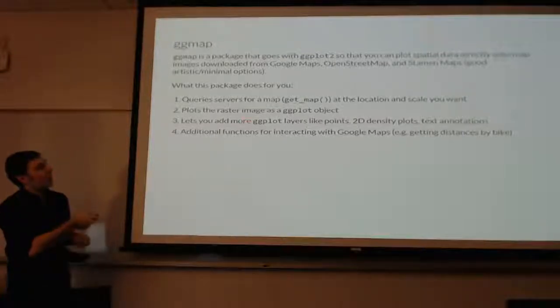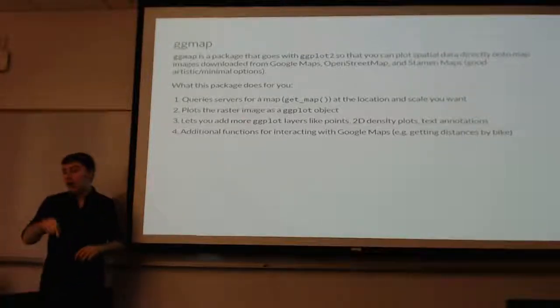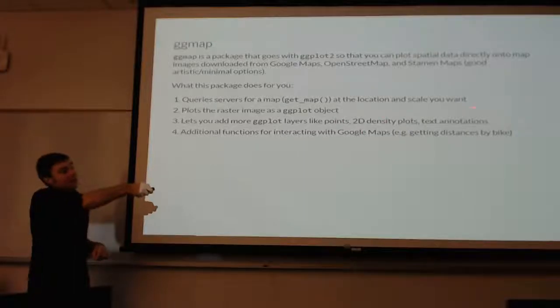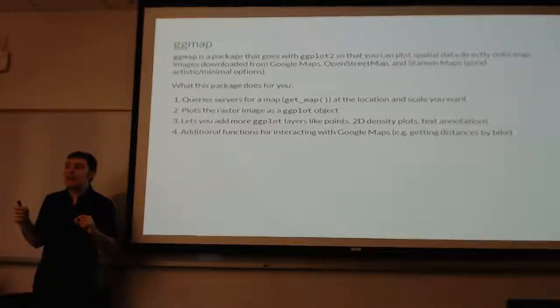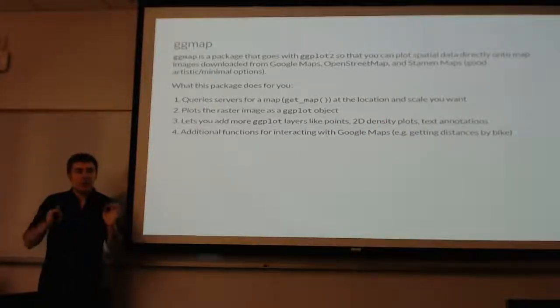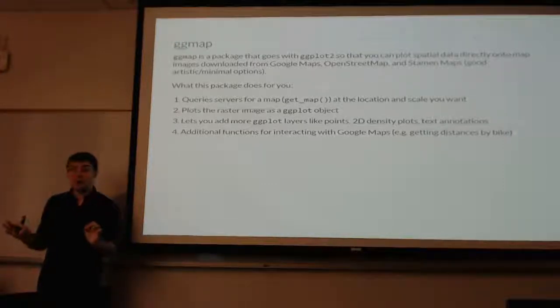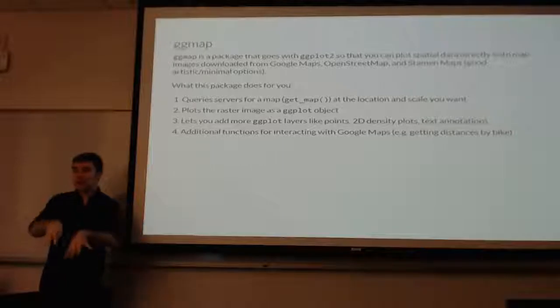It will then plot that raster image as a ggplot object that you can add stuff to, and then it lets you add more ggplot layers, that is things like points, density plots, text annotations on top of it, and it takes care of lining up the XY coordinates of those new geometries you add with the latitude and longitude of whatever geographical thing you've got.